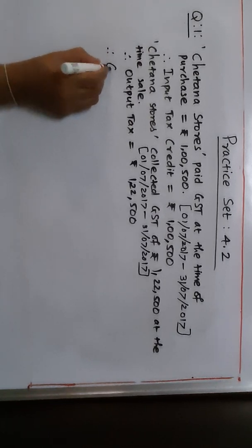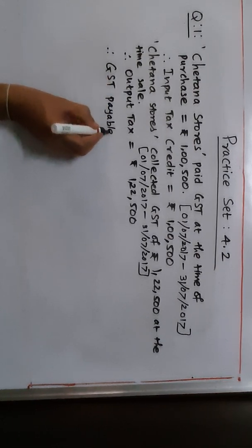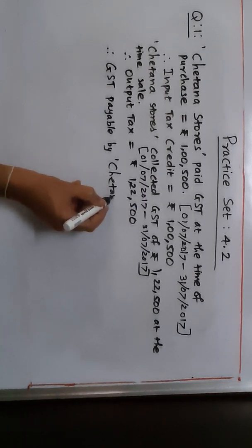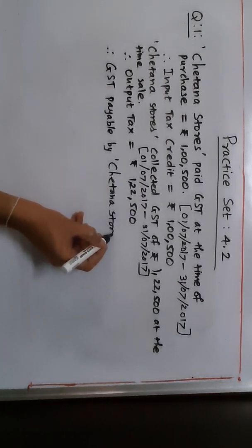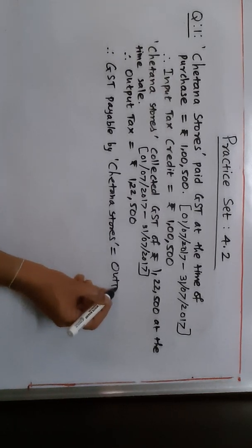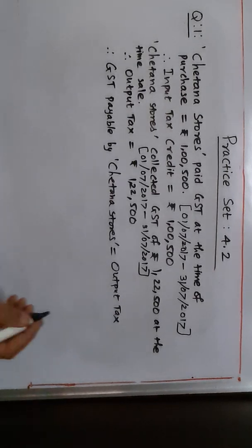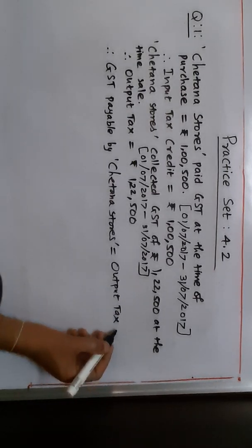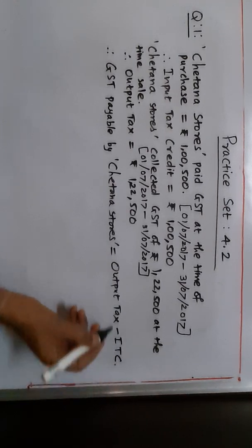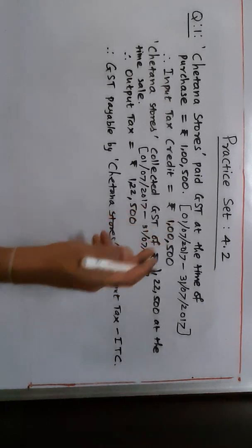So therefore we write GST payable by Chetna Stores will be equal to, what is the formula? You can make the formula. Output tax, this is the tax collected by Chetna Stores from the customers at the time of sale, minus ITC, input tax credit, the tax they have already paid at the time of purchase.